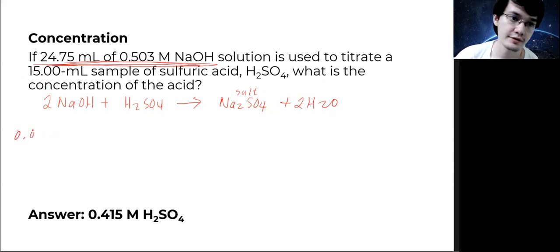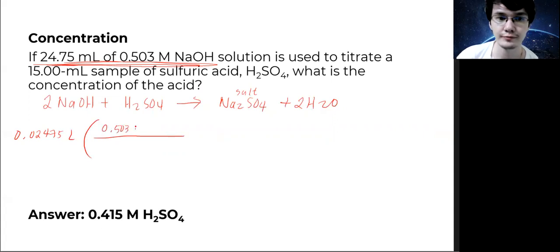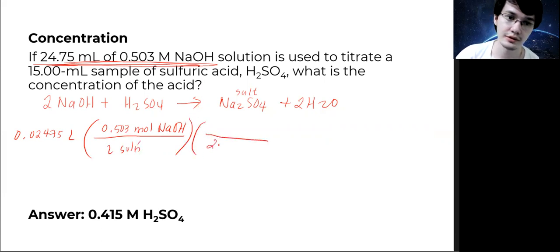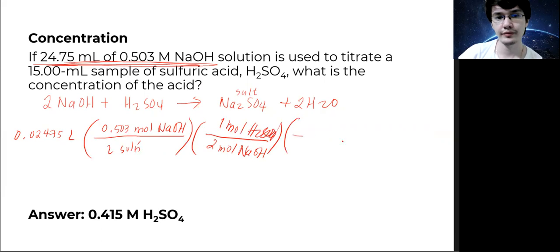So we multiply it by the molarity. Then using the chemical equation, we have 2 moles of sodium hydroxide, then 1 mole of sulfuric acid.